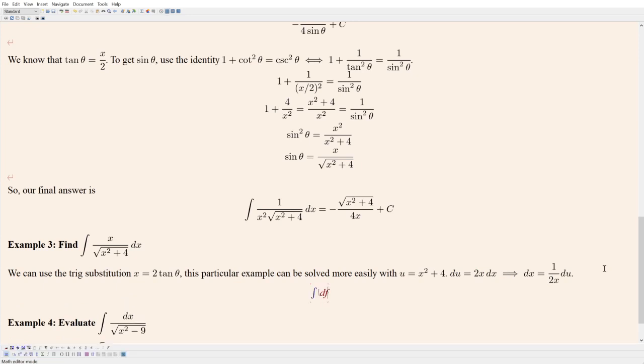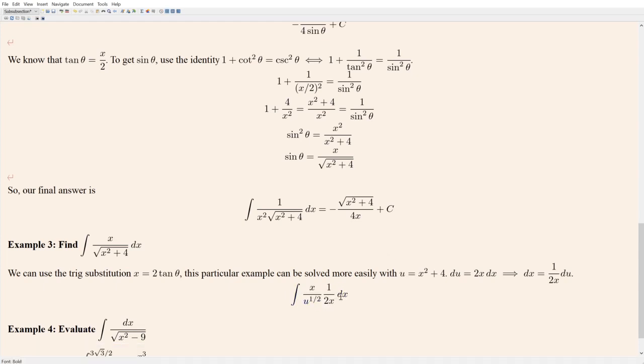So our integral becomes x over square root u, right? Because x squared plus 4 is now u in this context. Replace dx with all of this. That should be du. So x and x cancel.